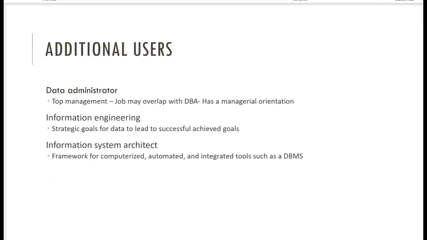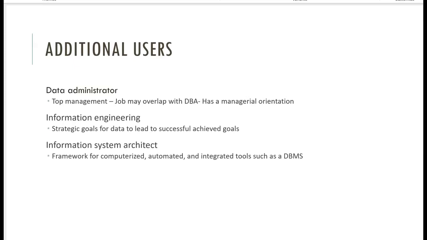And our next 3 additional users. First is a data administrator. This is one who is in top management. This reports directly to top management at a high level of responsibility. They have authority over the database administrator, however their duties sometimes overlap.